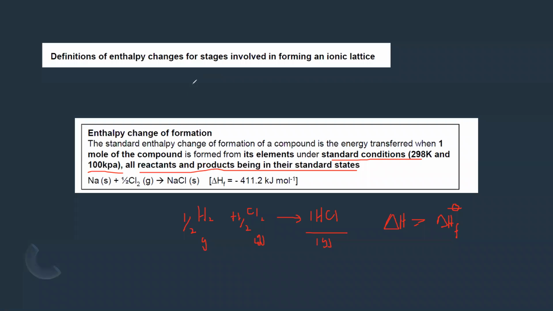Like another example, the idea is that whenever elements are forming 1 mole of a compound, that reaction's enthalpy change or energy change is known as the enthalpy change of formation.